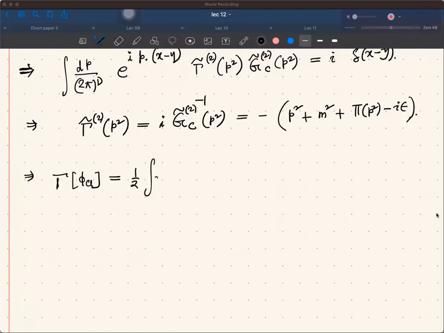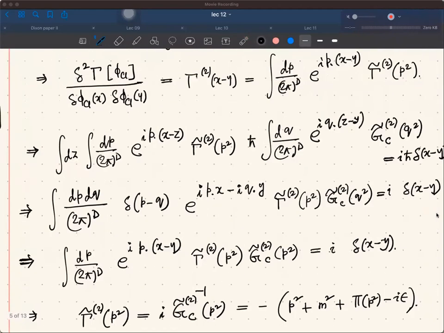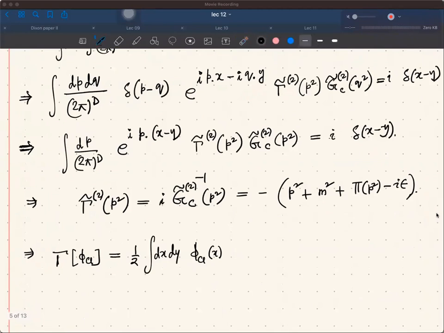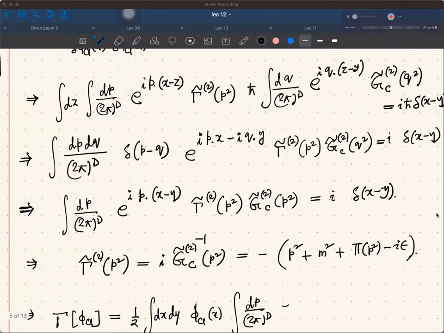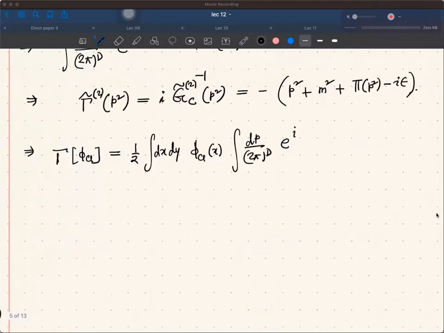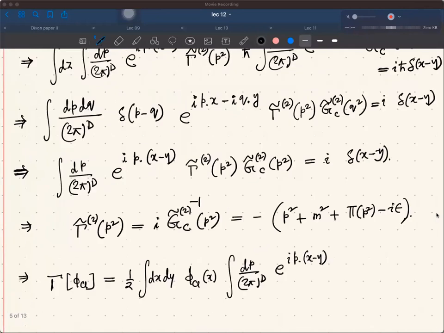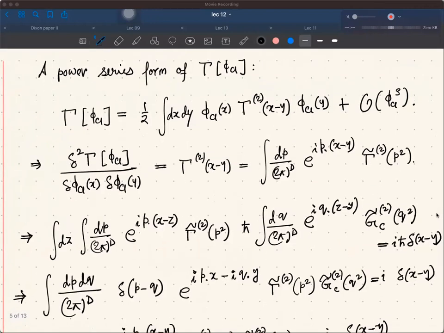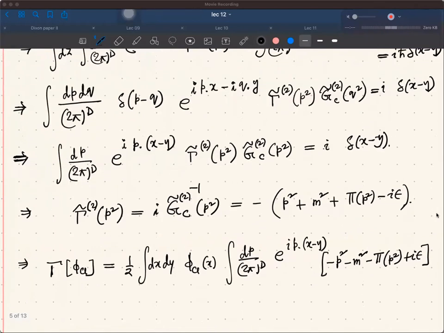That is half integral dx dy φ_cl(x), and then we have this γ₂(x−y), which is given by integral dp over (2π)^d, e^{ip·(x−y)} times γ̃₂(p²), which is given by minus p² minus m² minus Π(p²) plus iε. And then we have φ_cl(y).